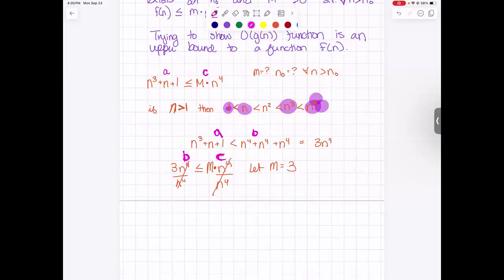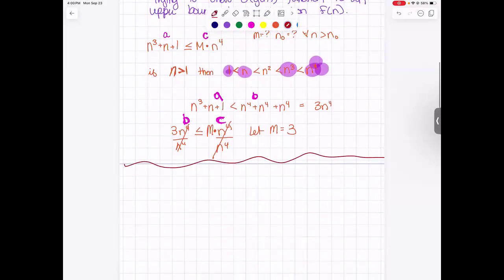Okay, so let's write this out a little bit nicer so that we have an actual formal proof here to follow along with. So by definition, what do we know?